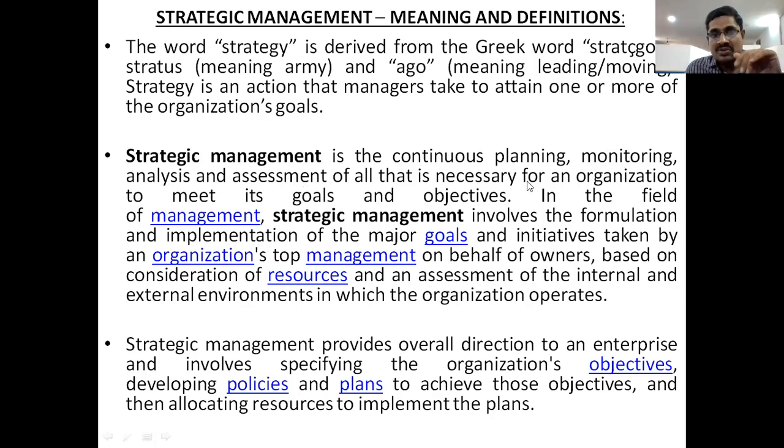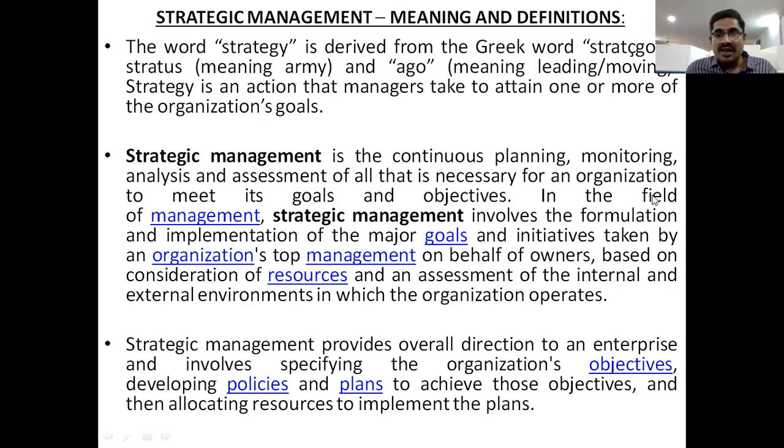This total process and these total actions are called strategic management. So planning, monitoring, analysis, assessment: these all things come under strategic management for achieving goals and objectives of the company. That is called strategic management, right?